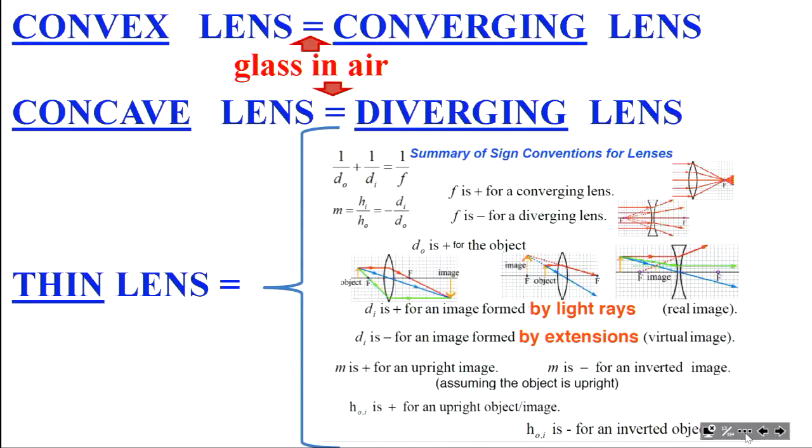Now, just a reminder about terminology. Nothing very technical, but when we say convex lens, we mean made of glass placed in air, which makes it converging. When we say concave lens, it means made of glass placed in air that makes it diverging.